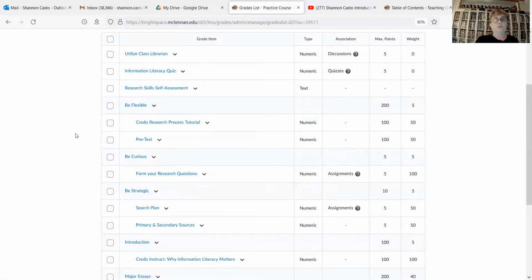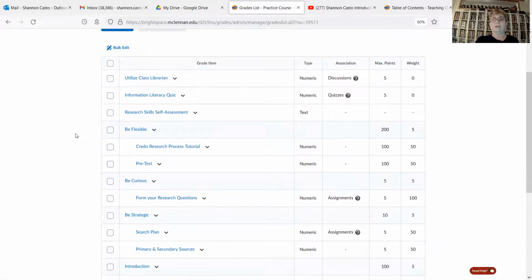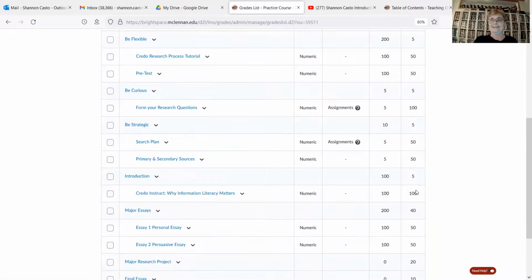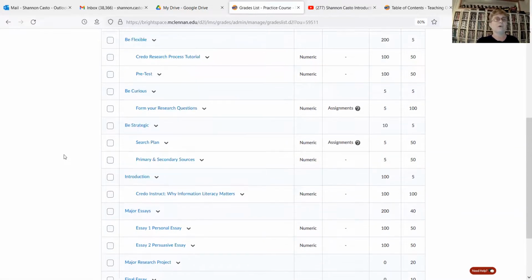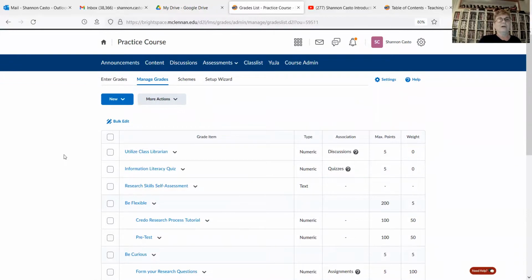And it's a little tricky figuring out weight, because it kept telling me this doesn't add up to 100. So I figured it out eventually and got it to come up to 100. Of course, a lot of these things will be tweaked for my real class. So let's see what else. I think that's about it.